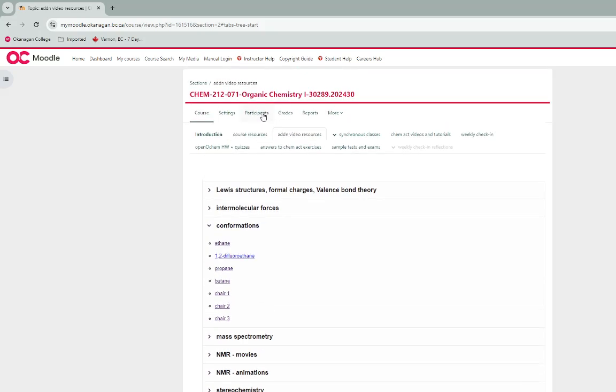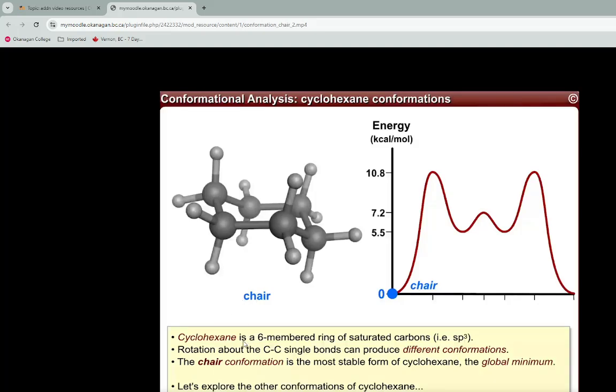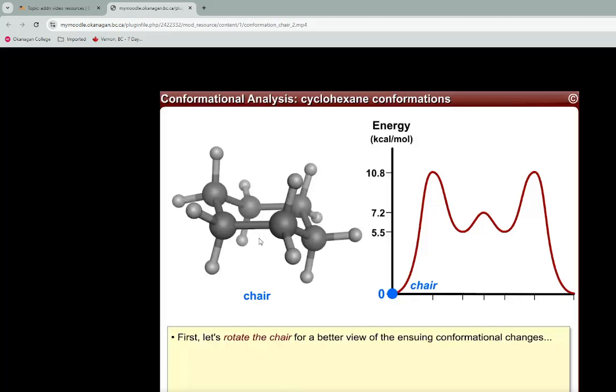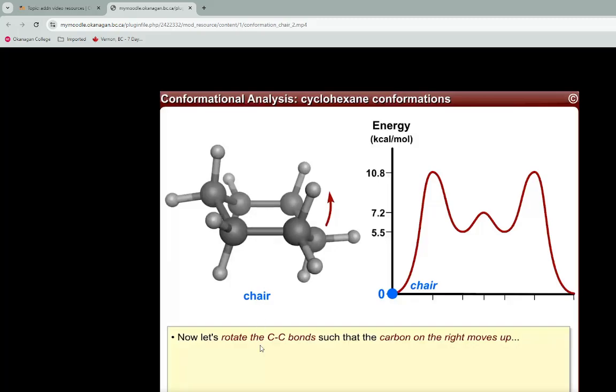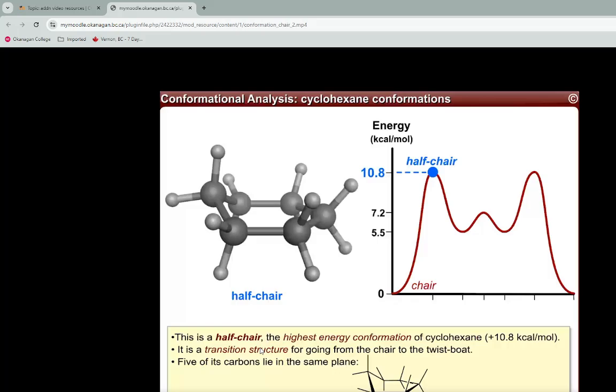And I want to draw your attention again to additional video resources. We've got a bunch of different animations here. I'm going to go to the animation chair 2. And what we see here is the original chair. Now, it's not exactly what I'm starting with, but it's showing the transition from one of the conformers.